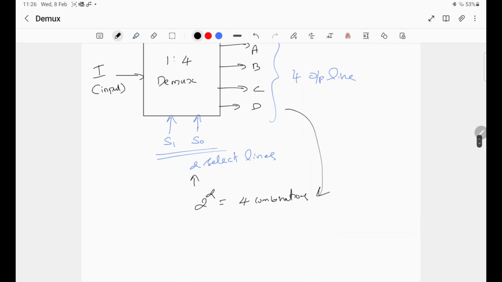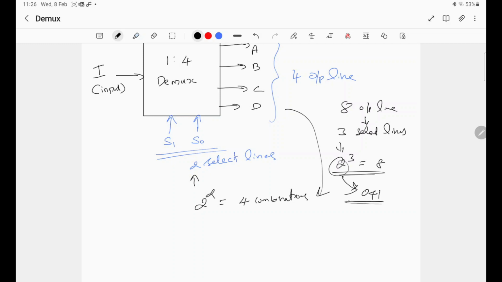If we have 8 output lines, we need 3 select or control lines, because 2 raised to 3 is 8. This 2 indicates the binary base, that means 0 and 1. We have only 2 bases. And this 3 indicates the number of select lines. So depending upon the number of output lines, we have to increase the number of select lines.